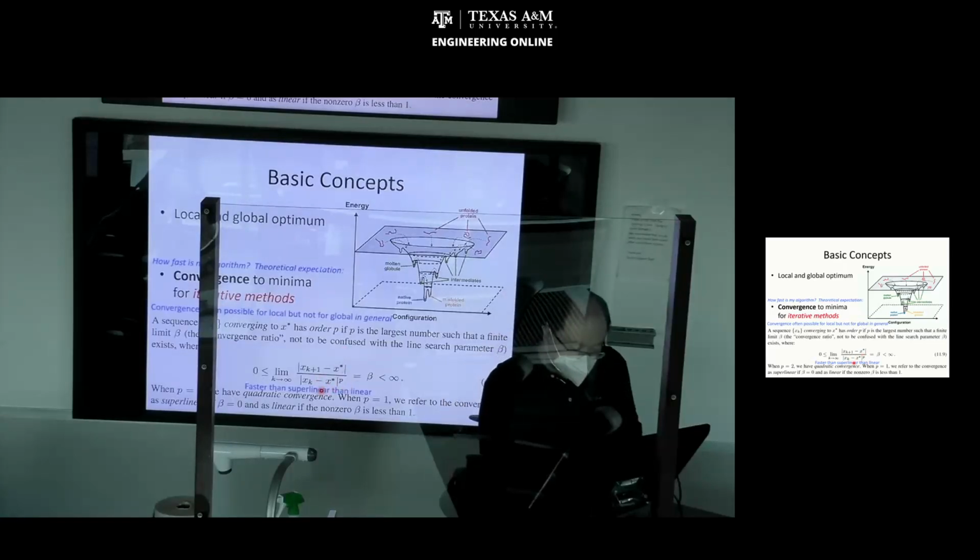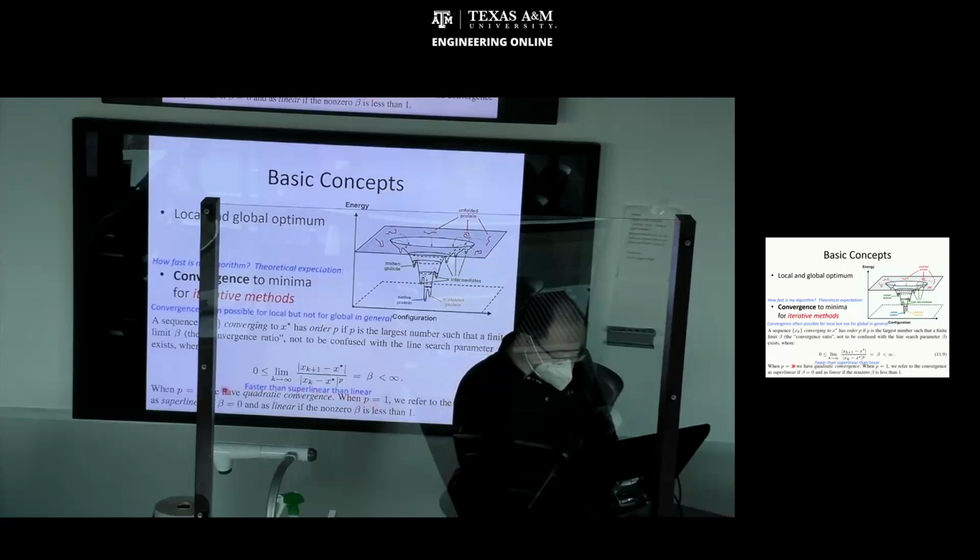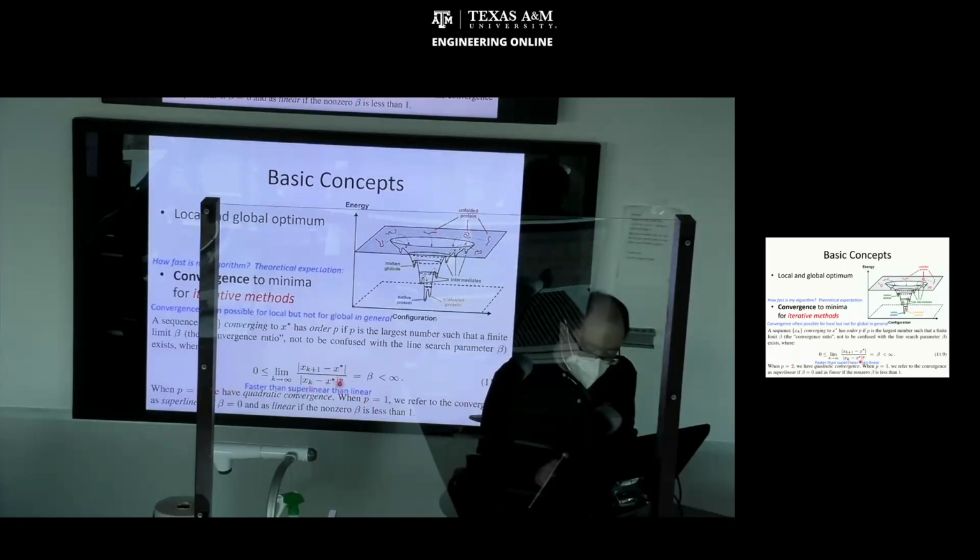For instance, if p equals 1, I think it's easier to start with p equal to 2. If p equal to 2, we call this algorithm quadratic convergence, where p equals 2.